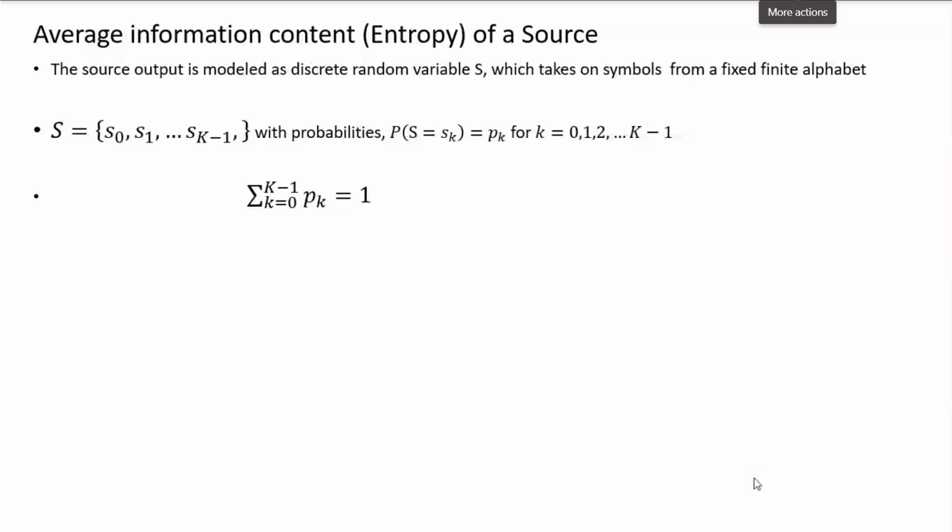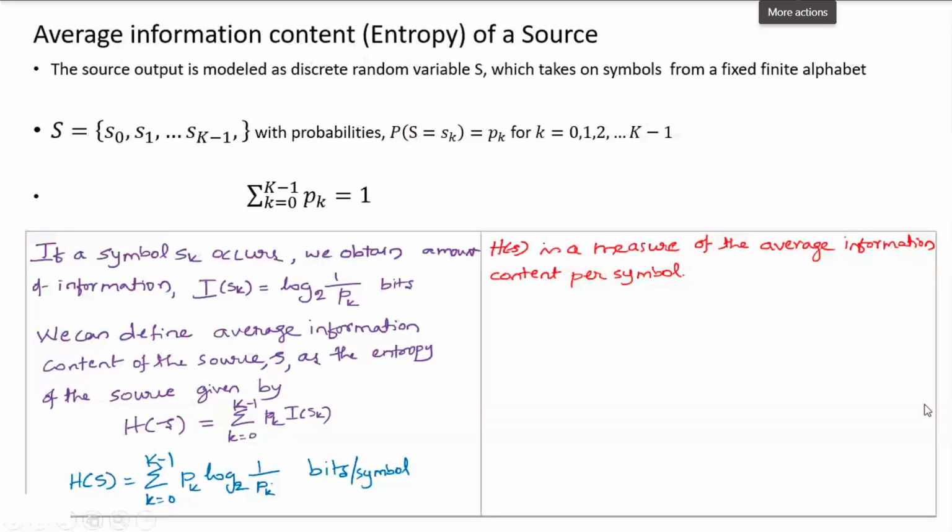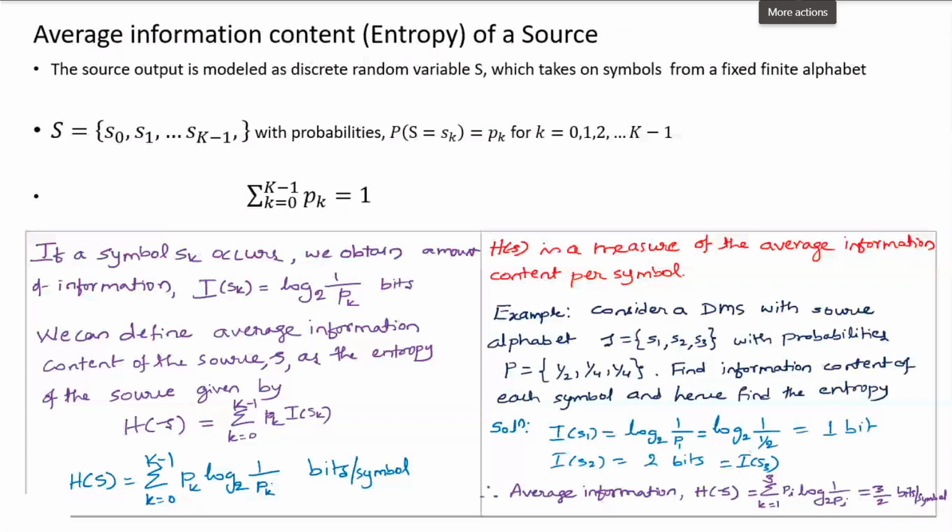On an average, it is 3 by 2 bits per symbol. Now, if I talk about a particular symbol, I say 1 bit alone. I get 1 bit of information. On an average means on the average.